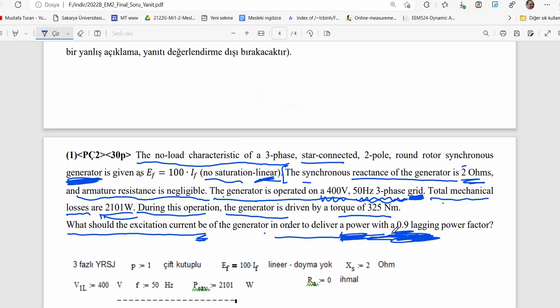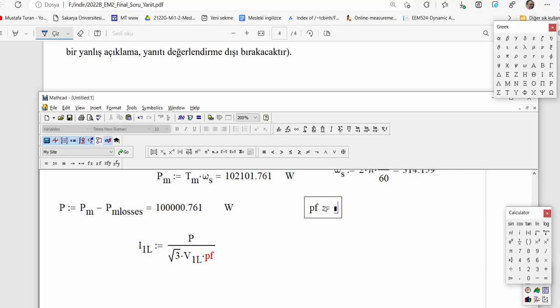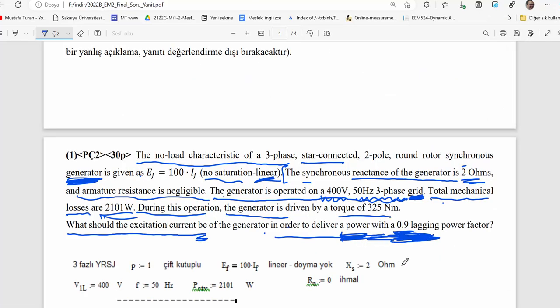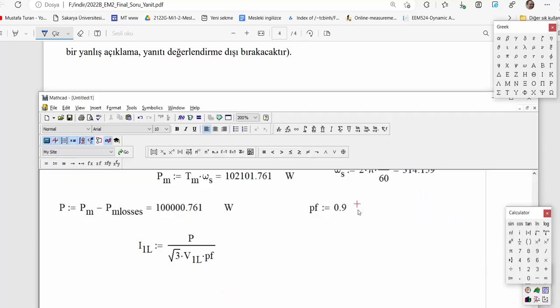It was 0.9. Was it leading? Lagging. Okay, let me take care. Lagging. Here's the line current, ladies and gentlemen, in amperes.